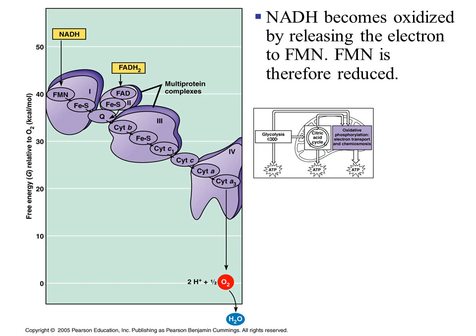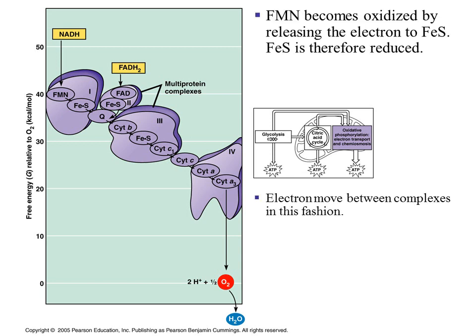Eventually, the electrons will end up on the oxygen molecule, therefore creating water. So FMN becomes oxidized by releasing the electrons to FeS. FeS is therefore reduced.